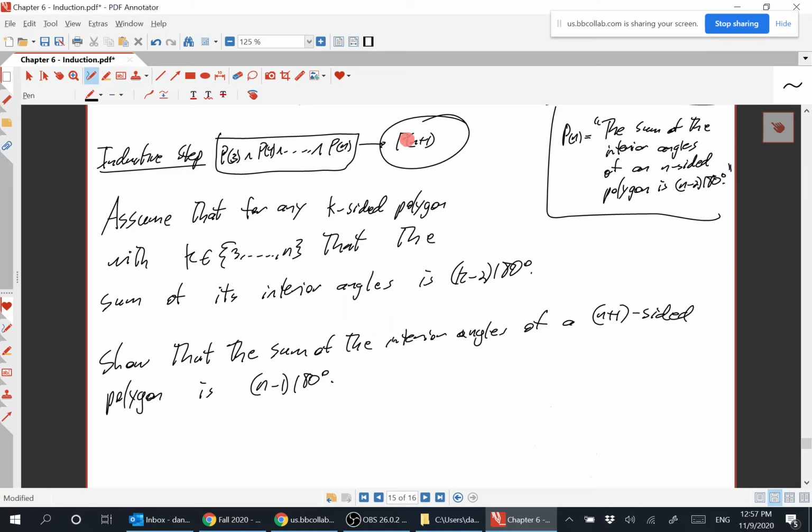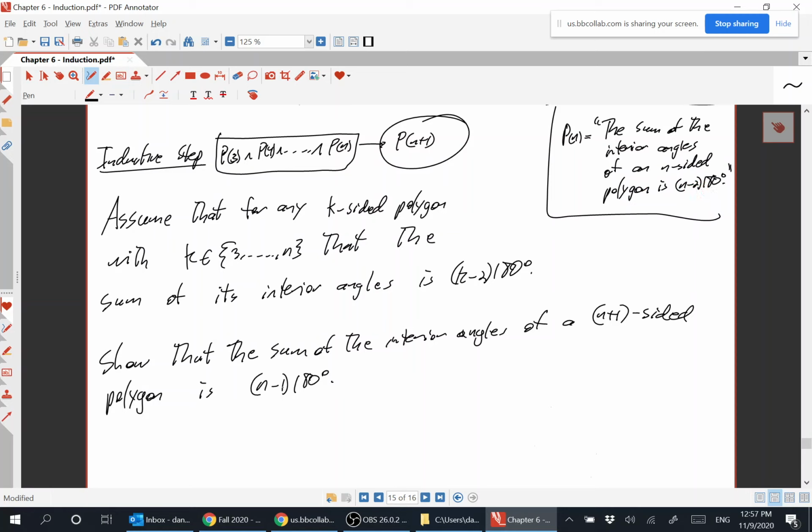And now we got this conclusion we're trying to argue towards. So you need to know what that conclusion is in English, so that needs to be written down. The conclusion is P(n+1). And that means, in English, the sum of the interior angles of an n plus 1 sided polygon is n plus 1 minus 2 times 180.